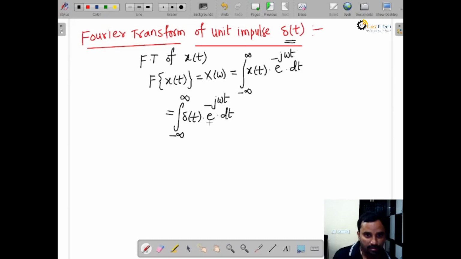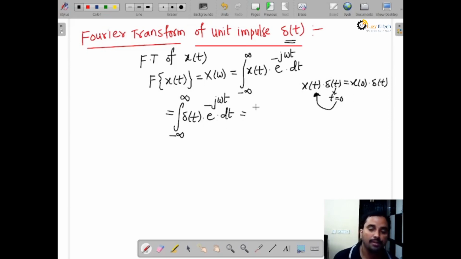So here we know already, multiplication: del of t into e power minus j omega t. Any signal x of t multiplied by del of t, the result is x of 0 into del of t. So simply here take t is equal to 0, and we keep the del function beside.